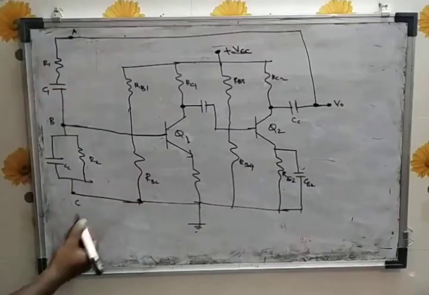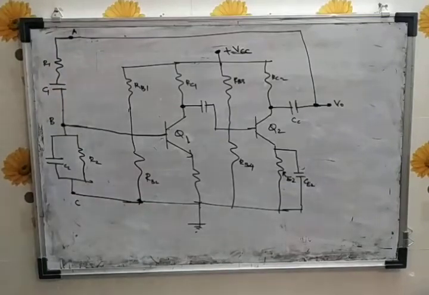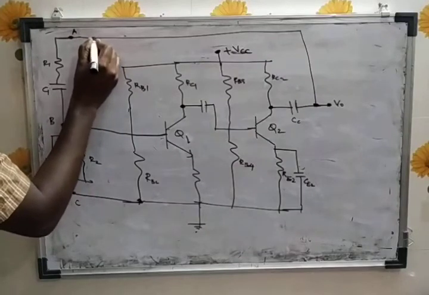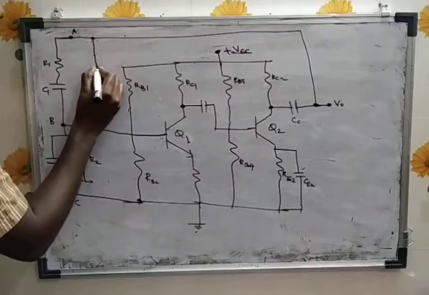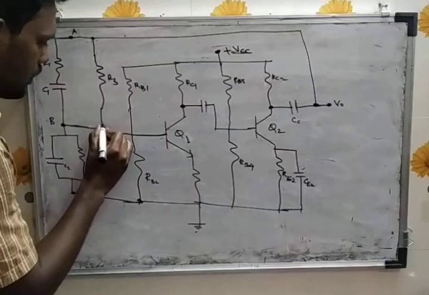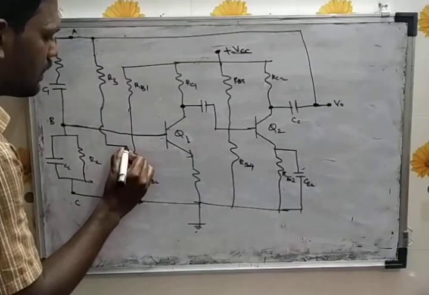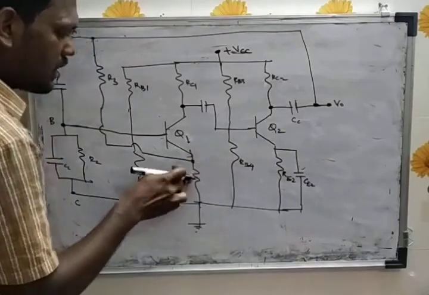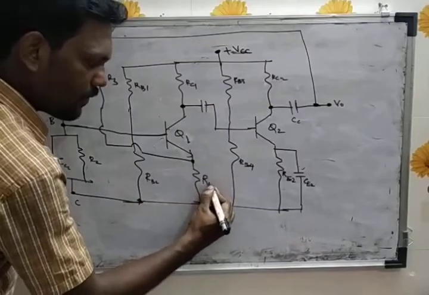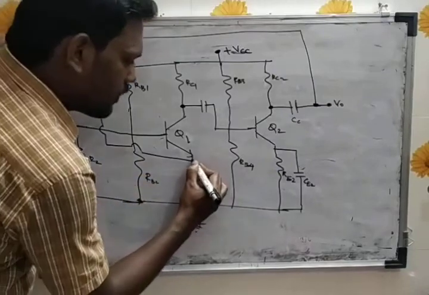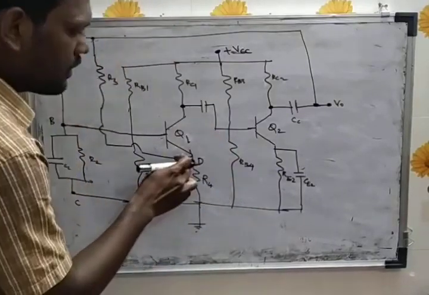We have one more point D. We take resistance R3 from point A, and I am using this emitter resistance as R4 of the Wien bridge circuit. So your D point is this one.